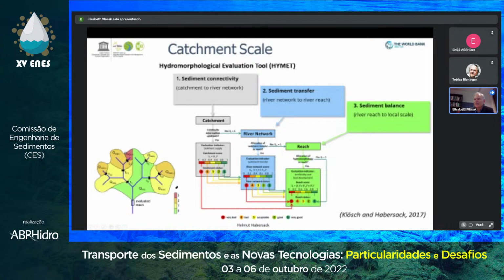In the most primitive way, we give some numbers here. Is the connectivity given or not? If it is not given, it's the number 5 already, and we get here directly to the reach scale, because then we have a situation that is a very dramatic condition for the downstream area. Or we can look into the sediment transfer here. It can be a simple formulation or a complex one. You can use a numerical model, but basically we give here also numbers.